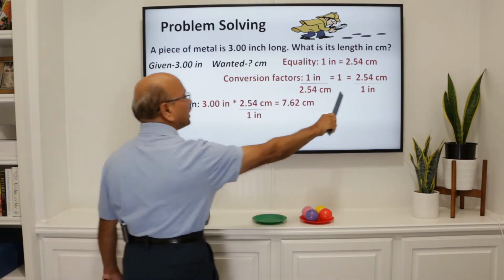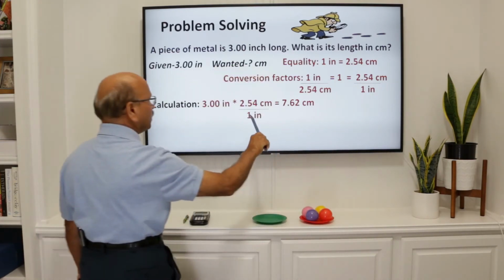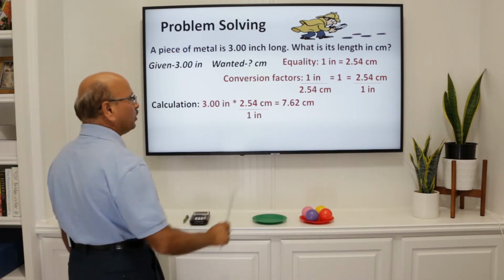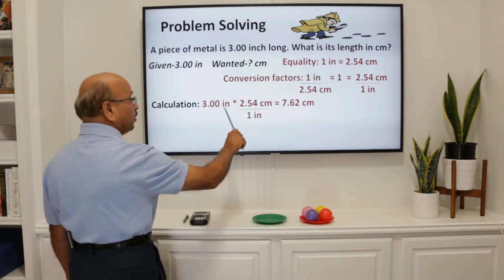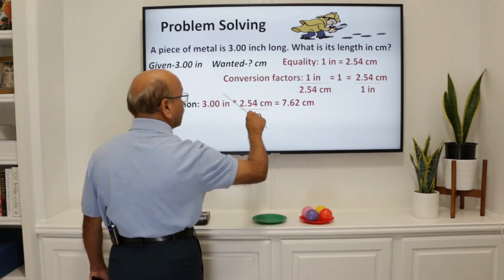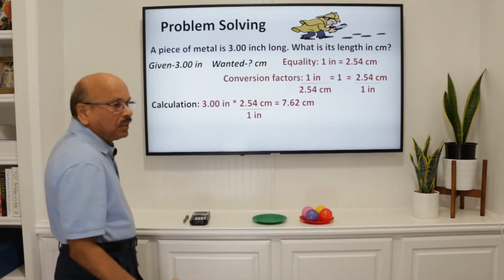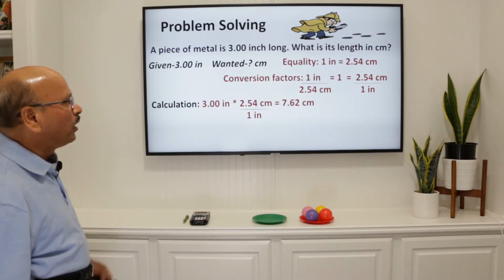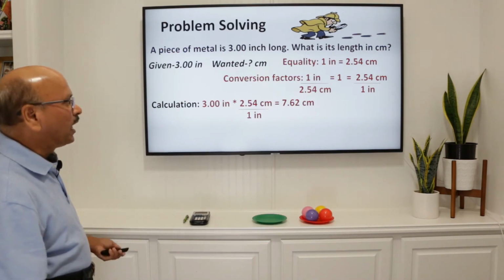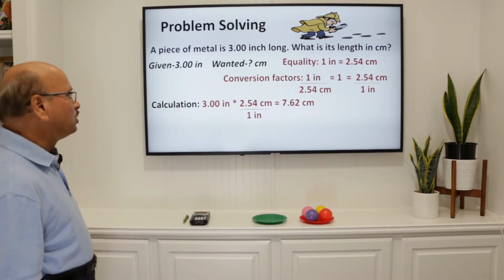So if you use the second conversion factor here, the inch and inch will cancel off, and what you get is going to be centimeter. And remember, this value is converted into centimeters. Multiplying with the conversion factor means there is no change in the actual value. It's only a unit change.